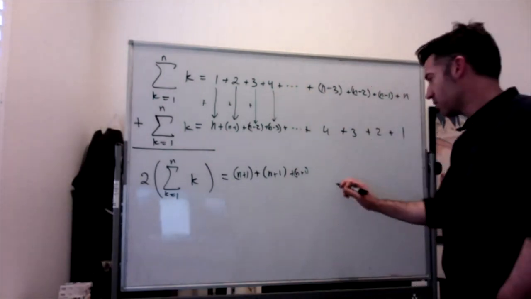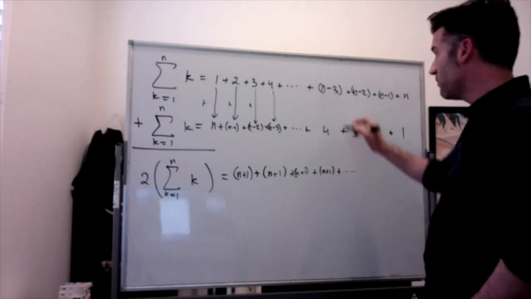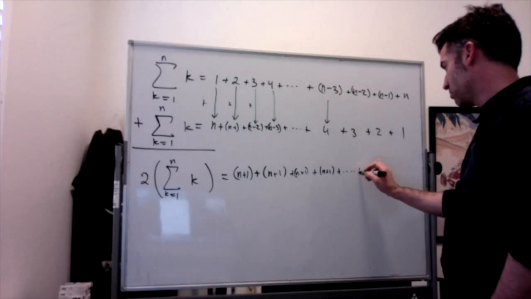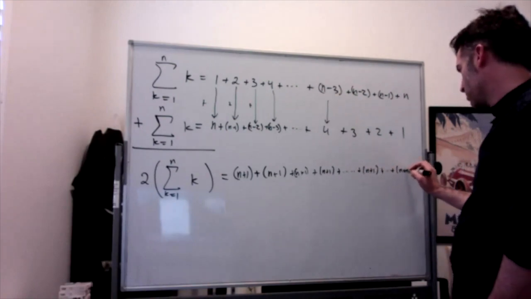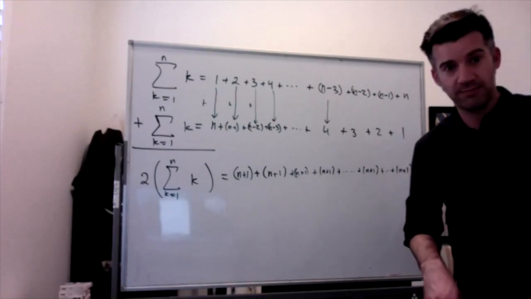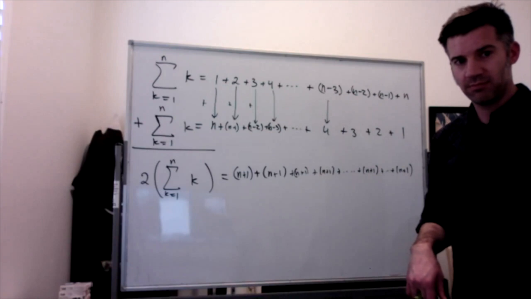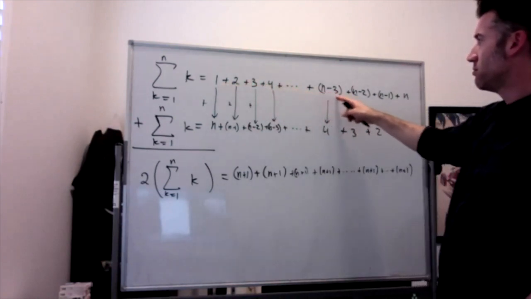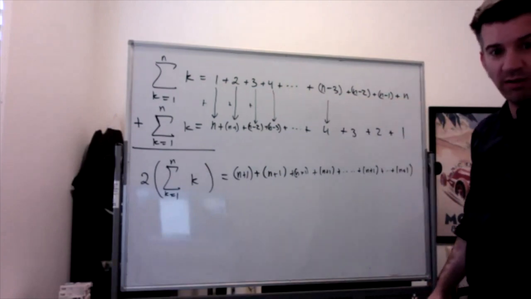So here's the thing. Each of these things we add together ends up being n plus 1. Let me ask you guys, how many things did we add together?